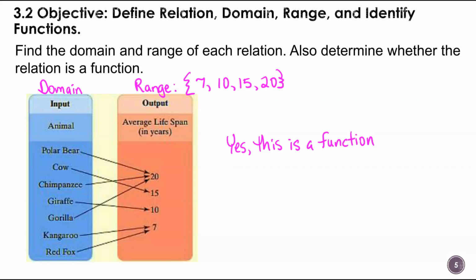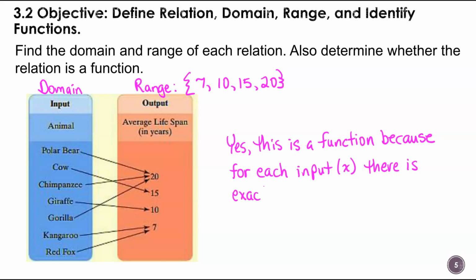And on this one, I'm going to put a because, so I can explain that and have you thinking, because for each input, the x's, there is exactly, or only, one output, which is the y.